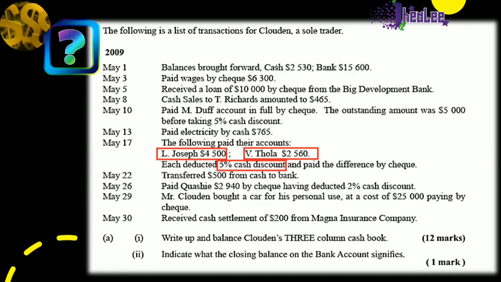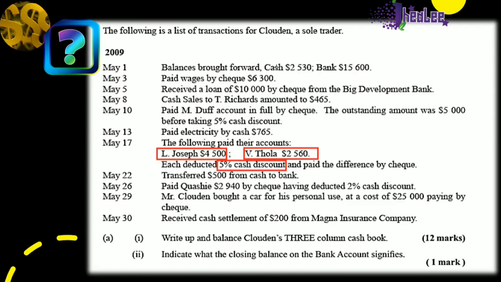So 5 divided by 100 multiplied by 4,500 give us a value of $225. And the difference between that 4,500 and the discount that was given, remember, discount reduces the value that is owing, and that will be paid, and that is $4,275.